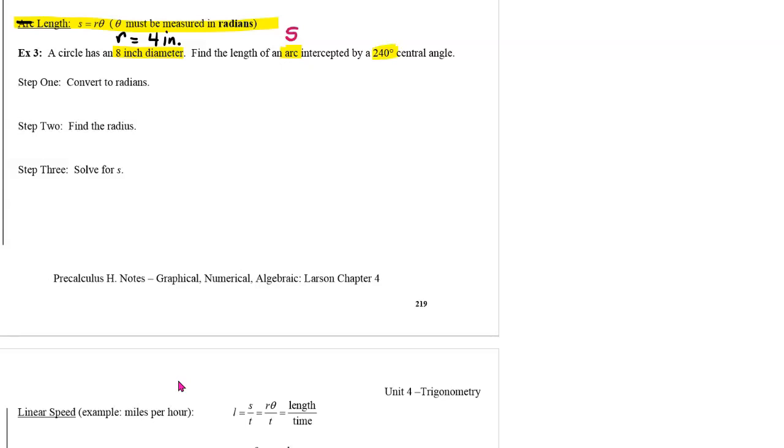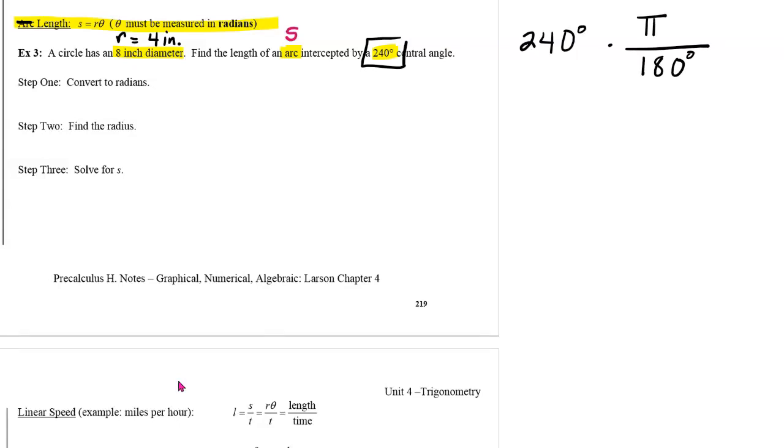The first thing we need to do is change this degrees into radians. Now I'm going to show you the shortcut, so you could use the shortcut in class. I'll do it the long way right now. So we have 240 degrees. We're going to multiply it by the ratio: there's 180 degrees in pi units.